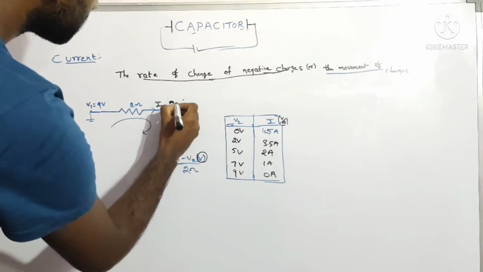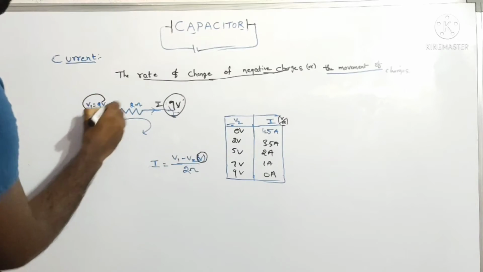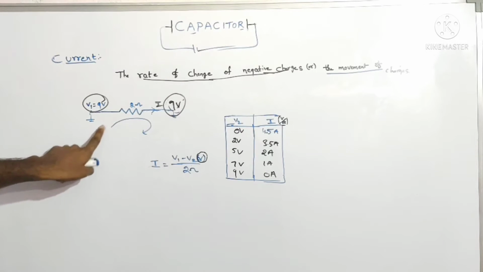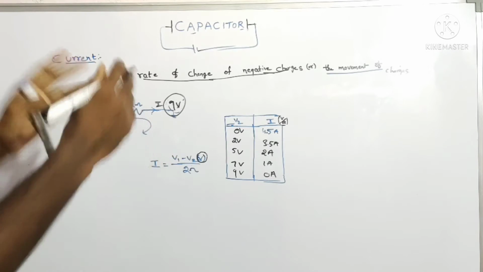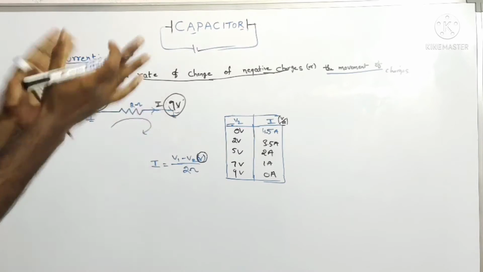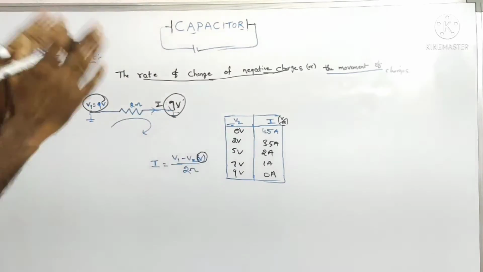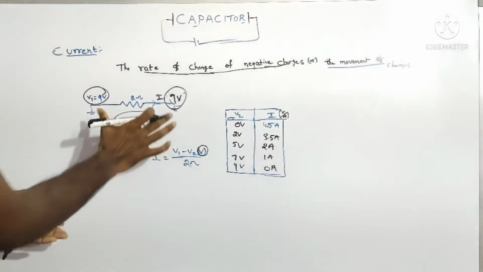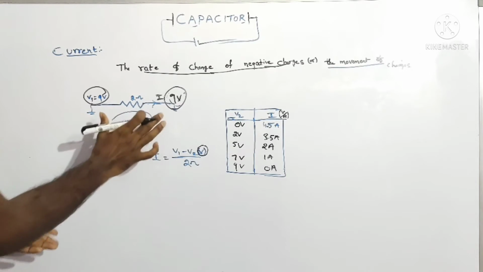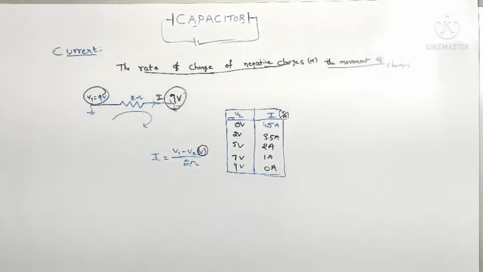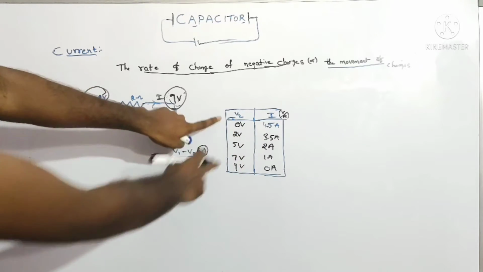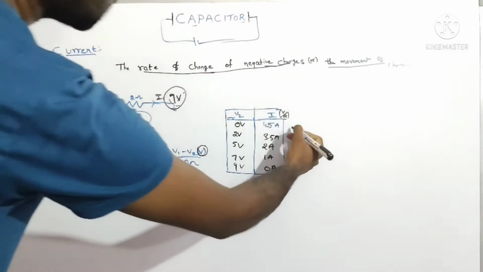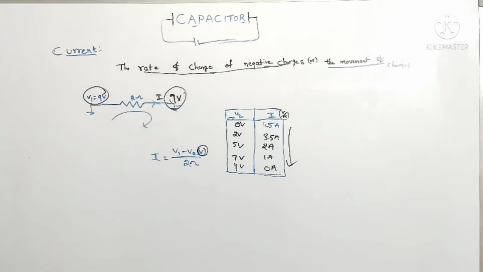Here, when we place this 9 volt here and there is 9 volts here, there will be no potential difference between these 2 points, hence there will be no current. So for the flow of current a potential difference is required, right? Keep this in mind, and observe this table by varying V2 and how the current is also varying, right guys?